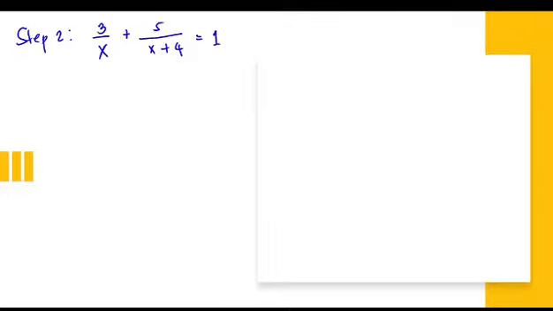Ayan. So, meron na tayo ngayong sample of a rational equation. So, let's get its LCD. So, probably that is x and x plus 4. So, we multiply the whole equation by x and x plus 4, and then we simplify.